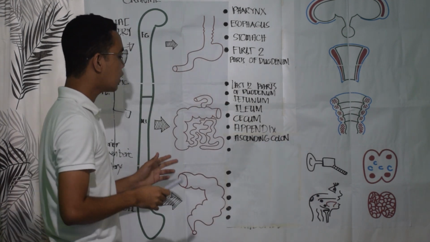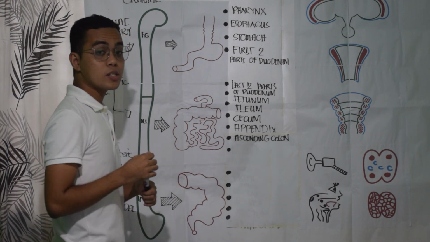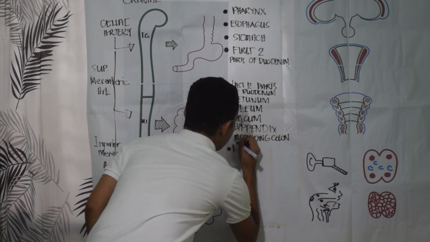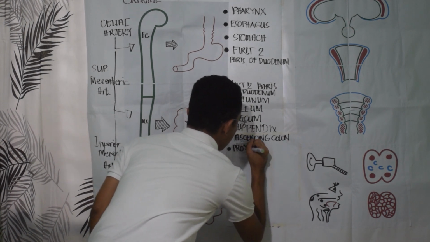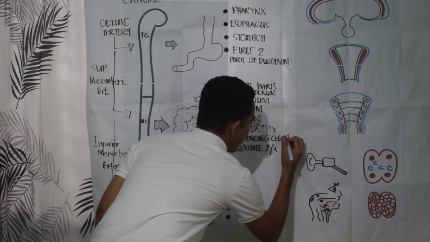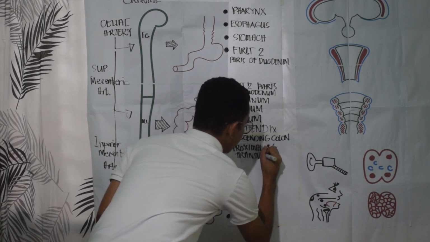Next, your midgut also gives rise to the proximal 2/3 of your transverse colon. Only the proximal 2/3 of your transverse colon.